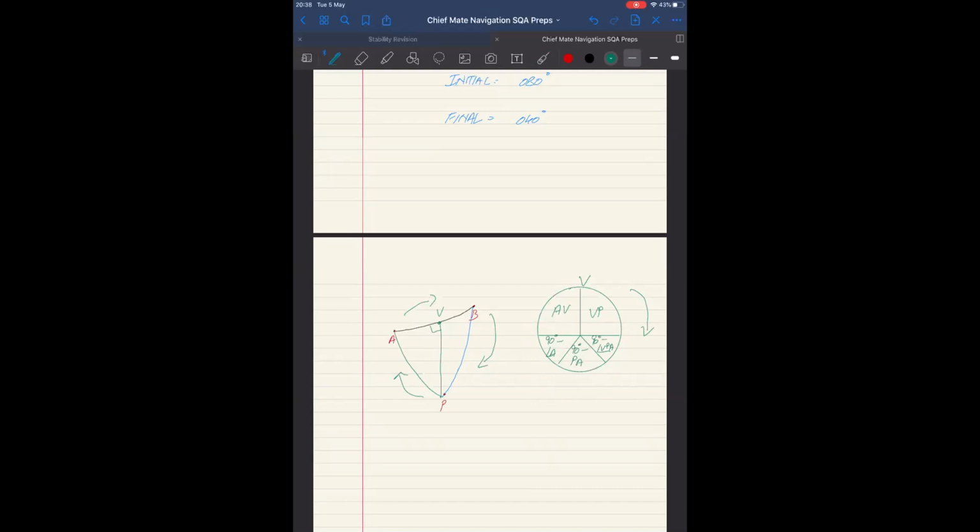Now, what all things in this Napier's wheel do we know? We know the value of PA. So we know this arc, this part, and we know our initial course. So we know this bit also.